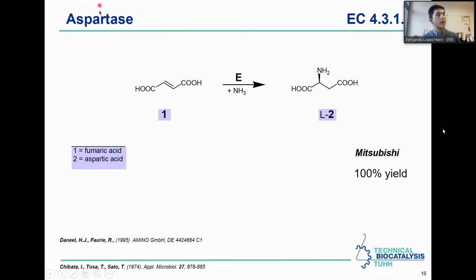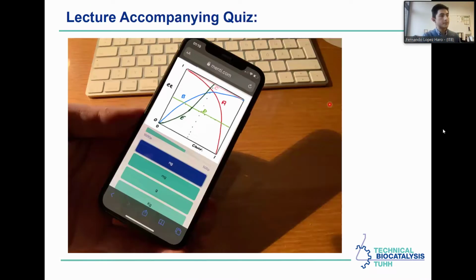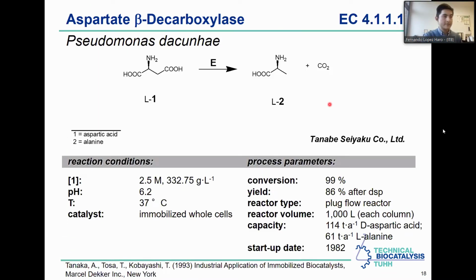In this case, we name it after the product. A good rule of thumb is to ask which one is the most expensive or the most industrially attractive compound in the reaction, and that way you can fairly often tell the name of the enzyme. Here, aspartic acid is more attractive industrially, so we call the enzyme aspartase. I will skip that. We don't have that much time. I want to cover as much as possible.